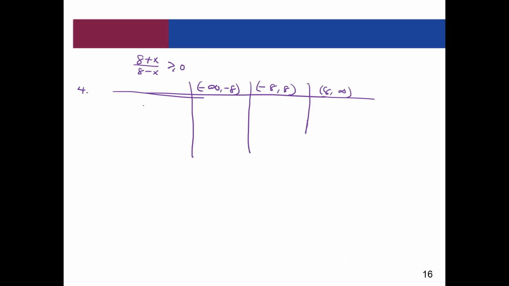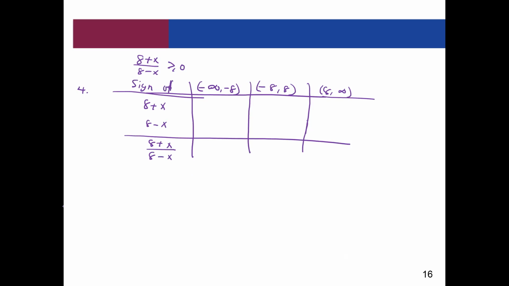Then we have 8 plus x, 8 minus x, and then their ratio, 8 plus x divided by 8 minus x.